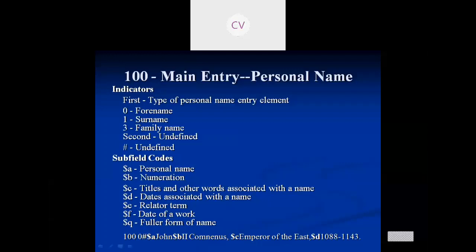For example, let us take Ranganathan. What will be the value? 100. 100 is a tag. It is not a part of the data element.